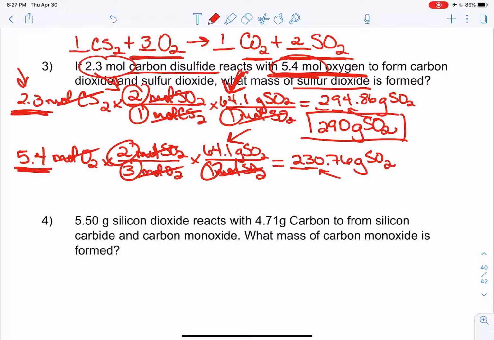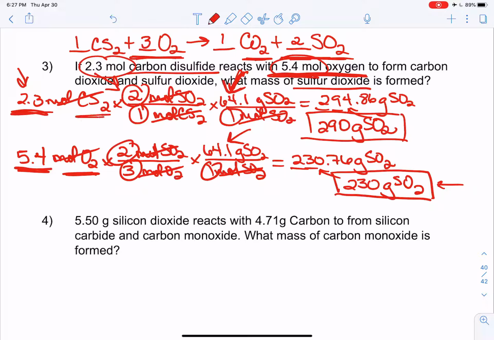So what we have here is 230 grams of SO2. So with this amount of O2, you can only make 230 grams of SO2, and that's a lot less than 290.